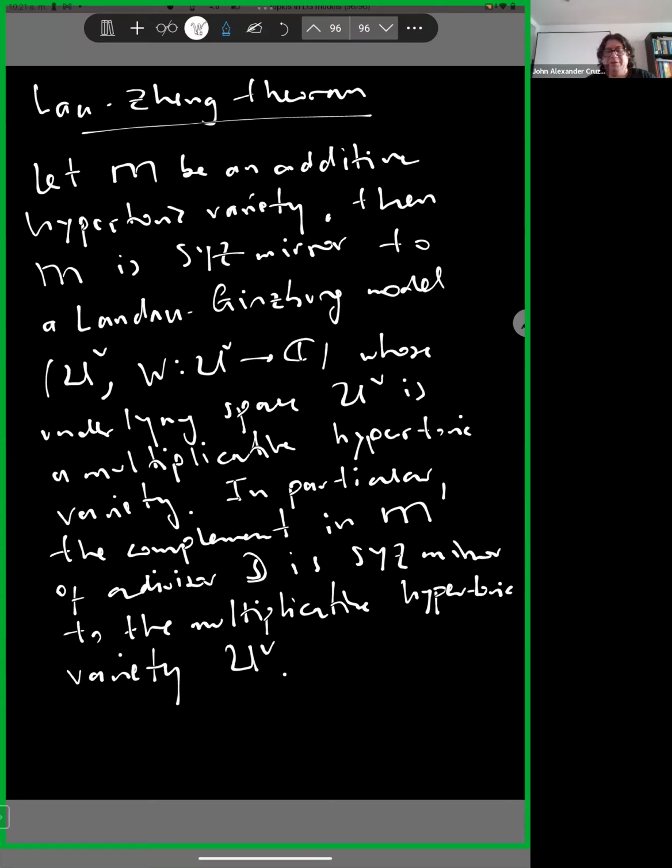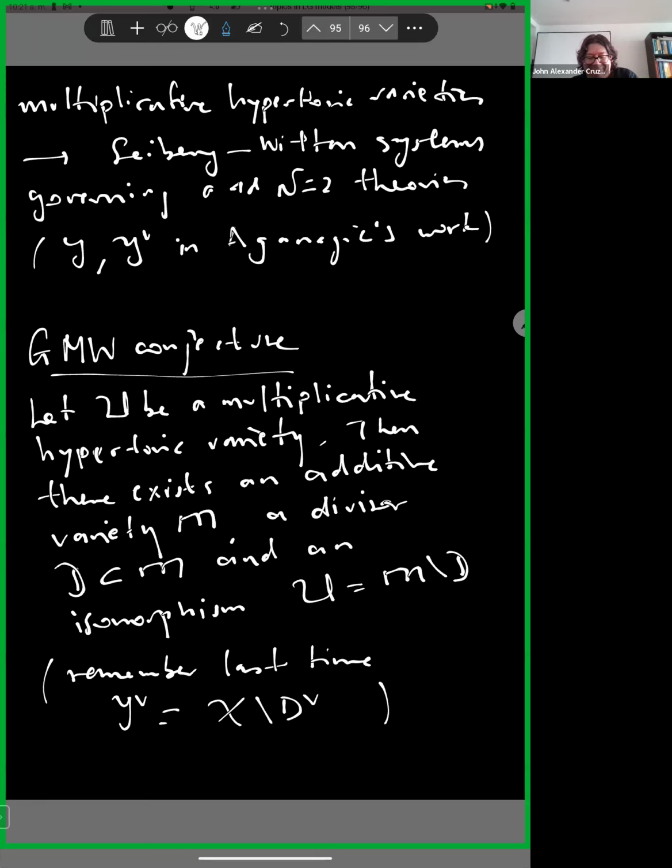You check. Okay. And this was actually what we did last time when we constructed the mirror, because we used this conjecture, right? So we see this relationship between Y check and X and the check. So actually we use somehow the mirror of Y, which should be the mirror of this Y check, which should also be a hypertoric variety, because remember that the relationship between Y check and Y was just hyperkähler rotation, right?